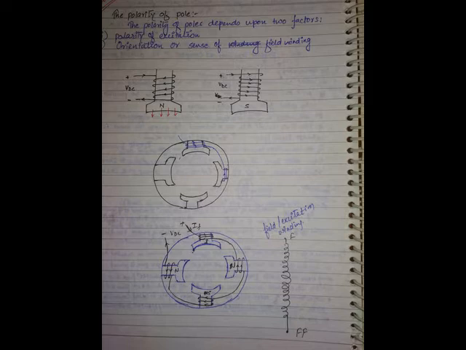Each lamination is dipped in varnish coating, some paint or enamel coating, or you maintain some paper between one lamination and the other. Means you are electrically isolating each lamination. You maintain a thin coating on either side of the lamination and stack them together. That is known as a laminated core.